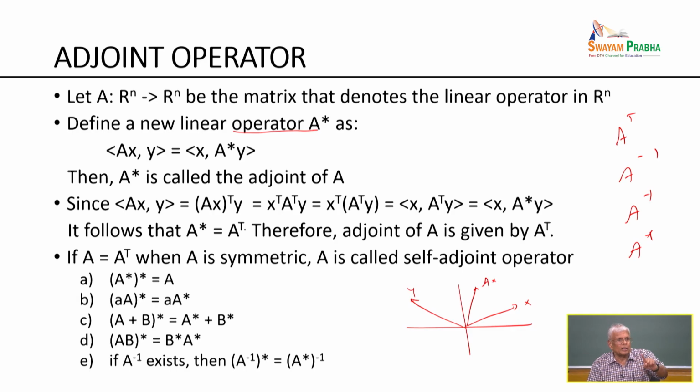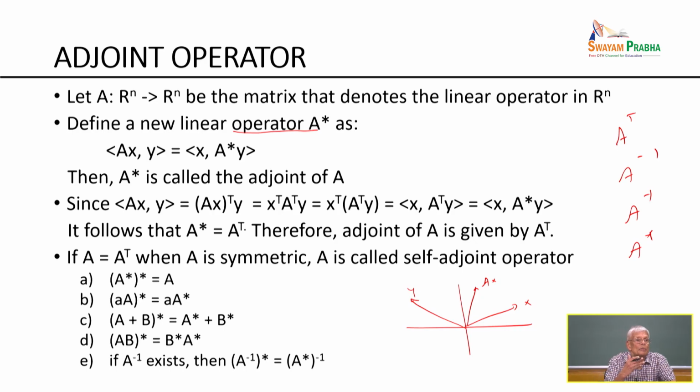If you multiply a vector by a matrix, it becomes a new vector. So instead of taking inner product of x and y, I am taking the inner product of Ax and y, where A is a transformation. If there is a matrix A star such that this inner product is the same as x with A star y, such an A star is called the adjoint of A.